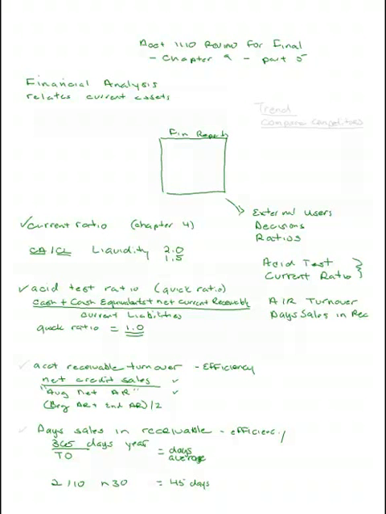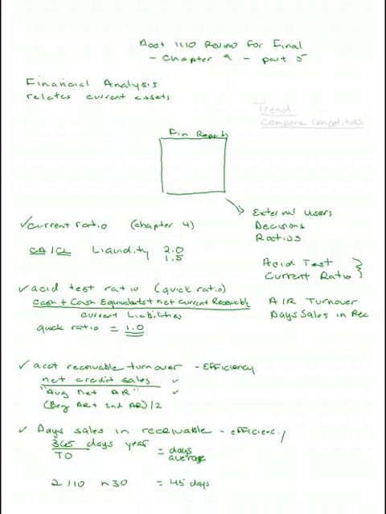The target being somewhere around 1. Again, measuring liquidity. Then we looked at a couple of accounts receivable efficiency ratios. Accounts receivable turnover, which is net credit sales divided by your average AR. Don't forget to average beginning and ending accounts receivable when you do your denominator. And then days sales in receivables, 365 divided by that turnover.